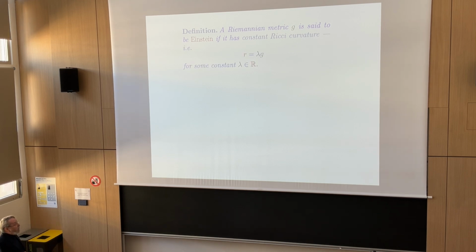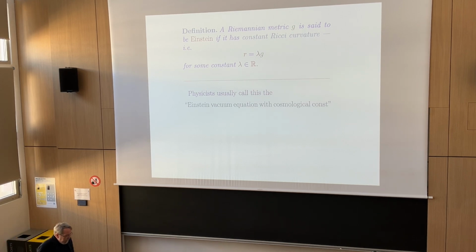And on the other hand, this condition, because we're requiring that for every unit vector with respect to g, Ric(v,v) will be a particular constant lambda, is equivalent to saying that the Ricci tensor is exactly lambda times the metric. And so that is an equivalent reformulation of the condition of being an Einstein metric.